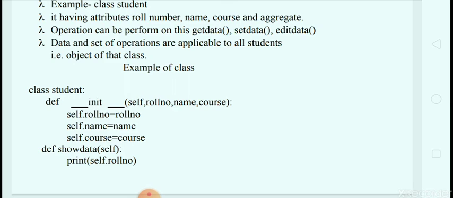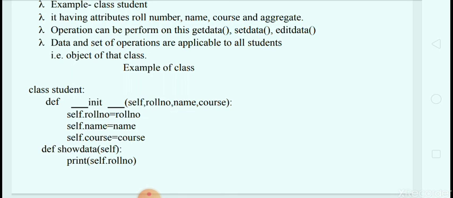So this init method or function, also called a constructor, takes the self argument, roll number, comma, name, comma, course. Here self is the current object of that particular init method. By using the init method, we initialize whatever data members are present in that particular class.